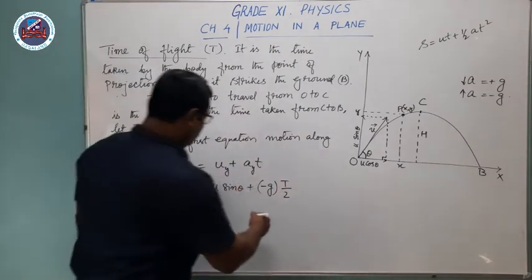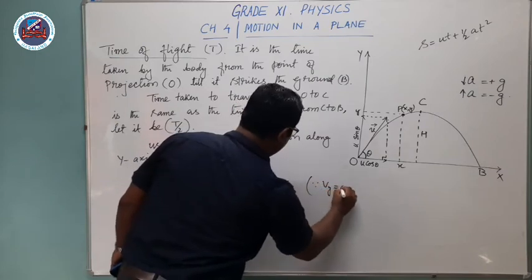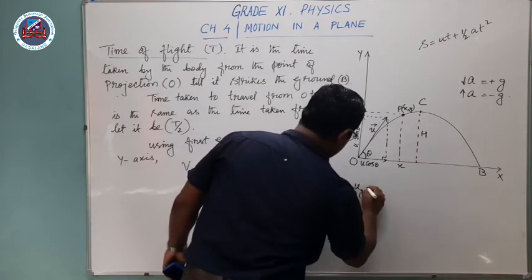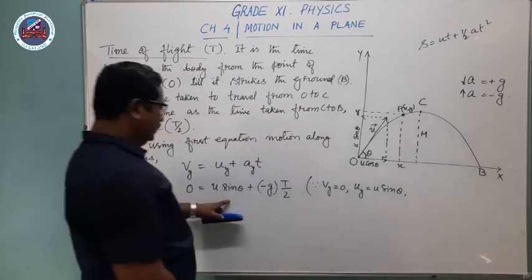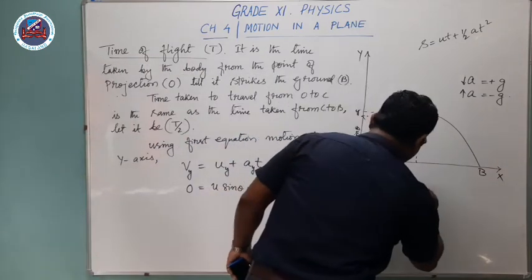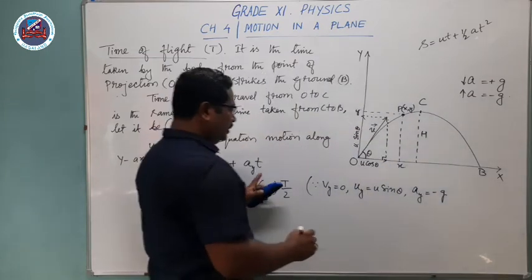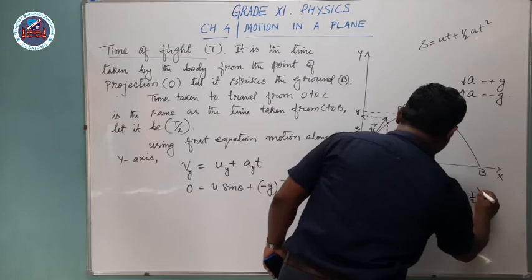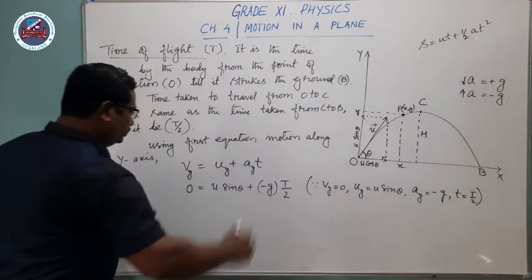You can note down the values: since Vy is equal to 0 here, Uy is equal to u sin theta, Ay is equal to minus g, and time is t by 2, half the time taken from O to C.